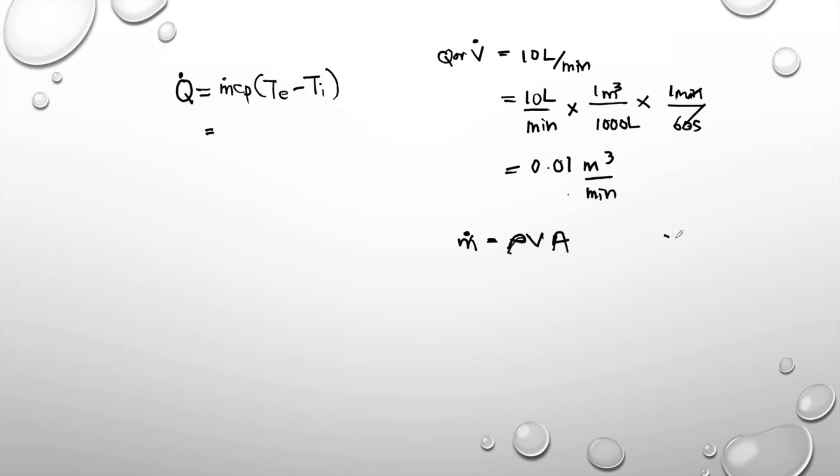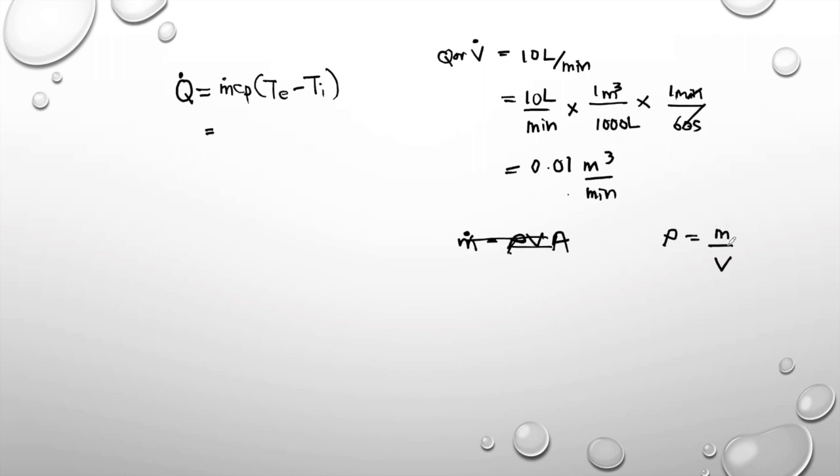From the equation of density, density is mass over volume.